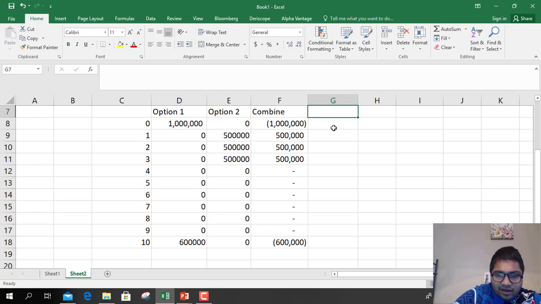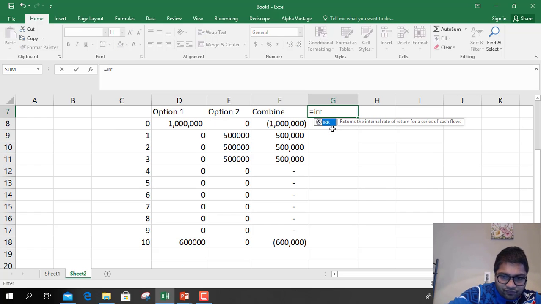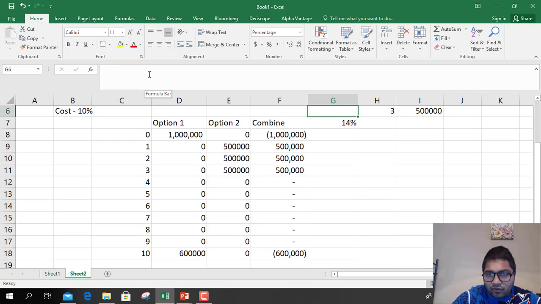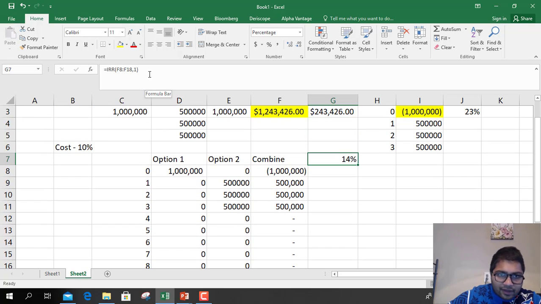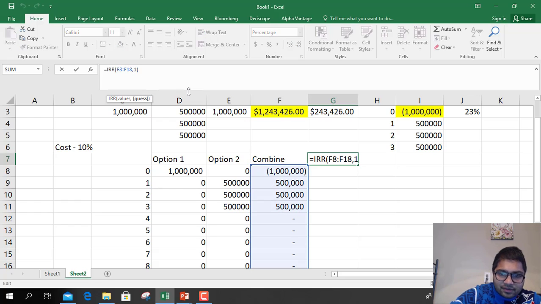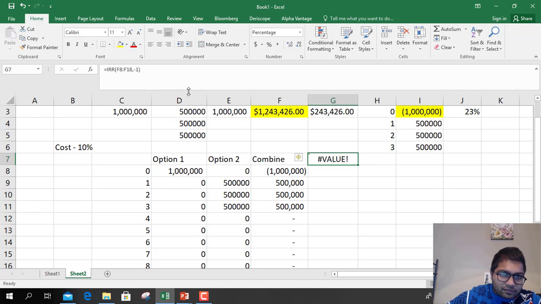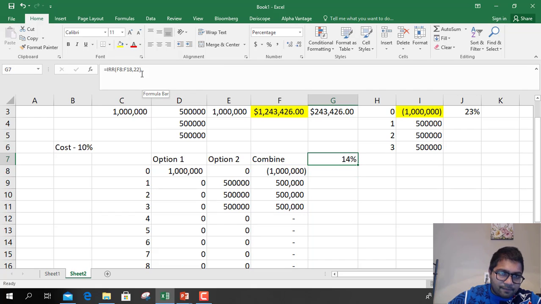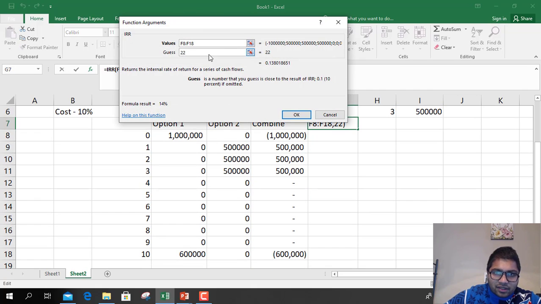Now if you calculate an IRR for it, having guess 1, it comes to 14%. Having guess -1, you need to guess the value.